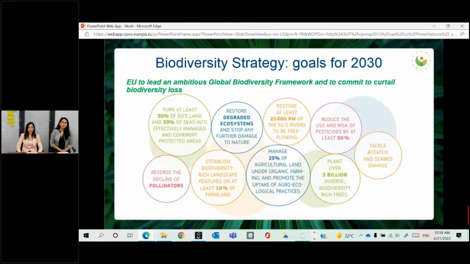Staying on the European Union front, we should also mention the biodiversity strategy. It's another programmatic document that includes goals for 2030. What I feel is interesting in this document is the fact that we do have some numbers. We have very precise objectives, so they're less general and more concrete.